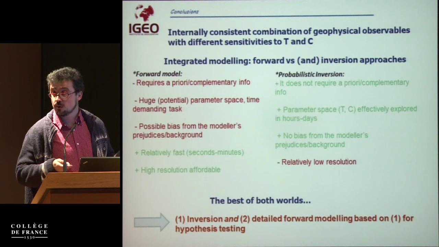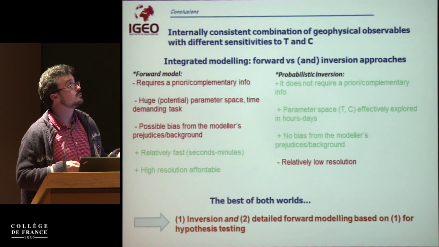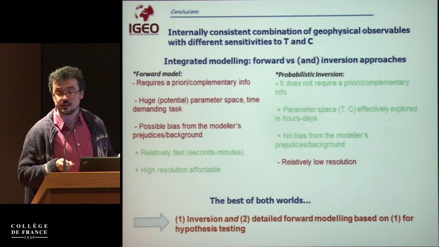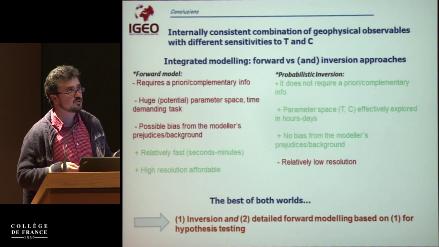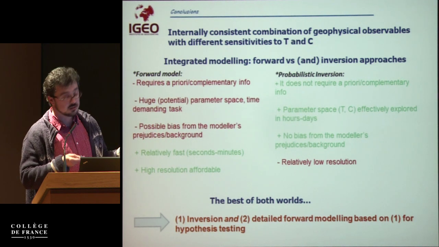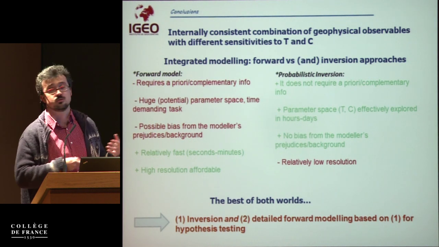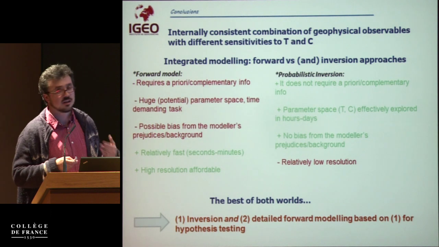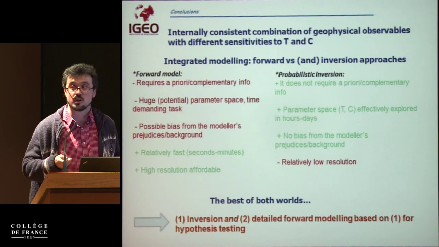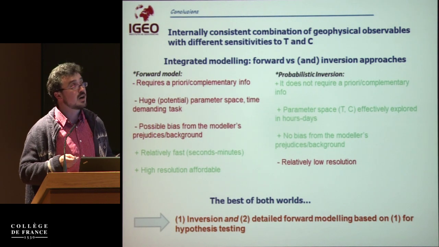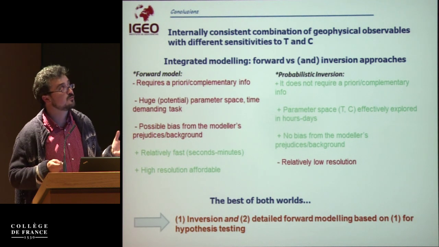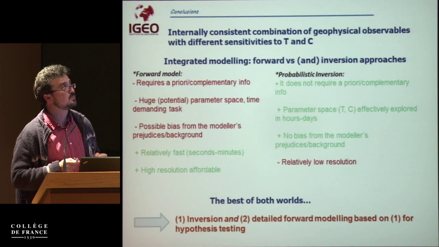And in comparing forward modeling and inversion, probably you got the idea that inversion is the future, it's the way to go, because it doesn't require a lot of information from your side. It allows you to explore the compositional and temperature space in a reasonable amount of time, of hours, days, which is not so much if you think of the size of the parameter space.